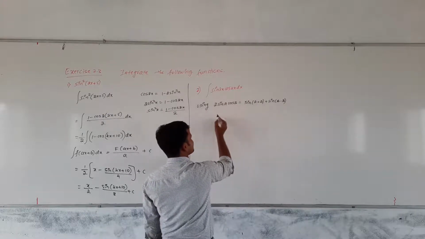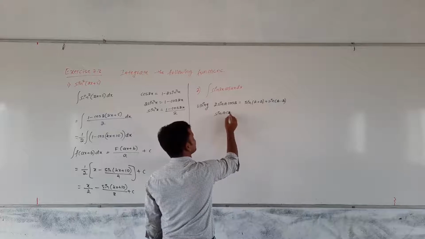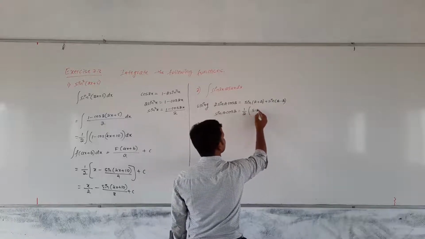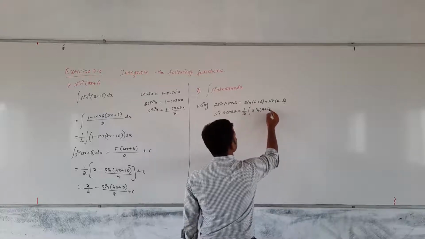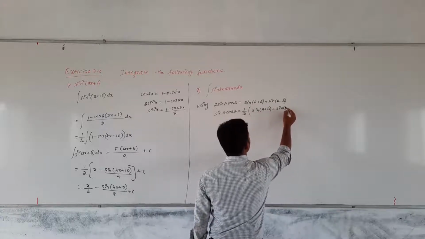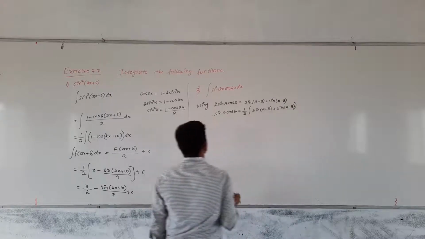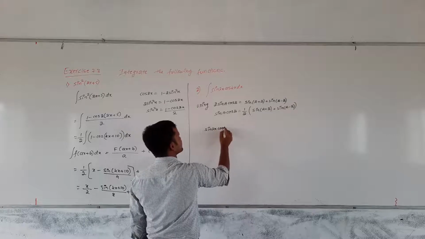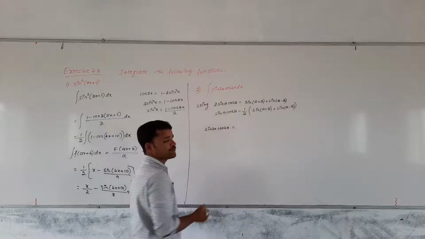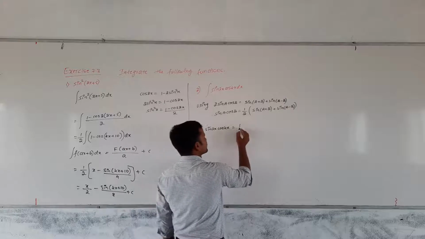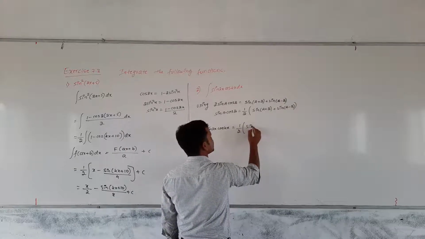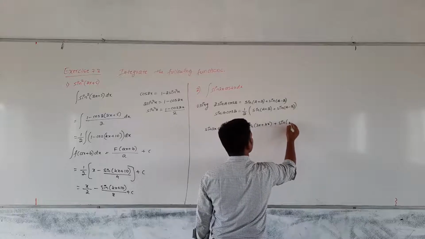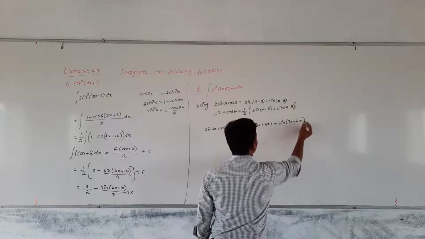Here sin into cos is there. For that, sin A into cos B is equal to, 1 by 2 I take to the right hand side, 1 by 2 into (sin of A plus B plus sin of A minus B). In the same way, using this formula, I can write sin 3x into cos 4x as 1 by 2 times (sin of 3x plus 4x plus sin of 3x minus 4x).